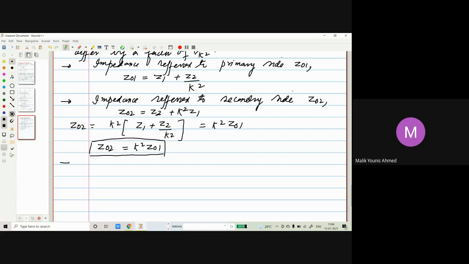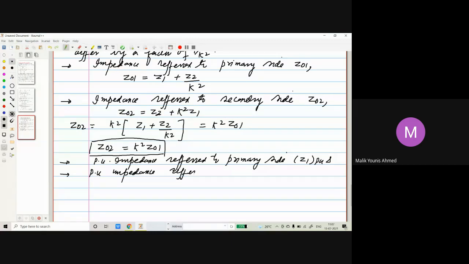So what I can write here: per unit impedance referred to primary side, that is Z1 per unit, and per unit impedance referred to secondary side, that is Z2 per unit.